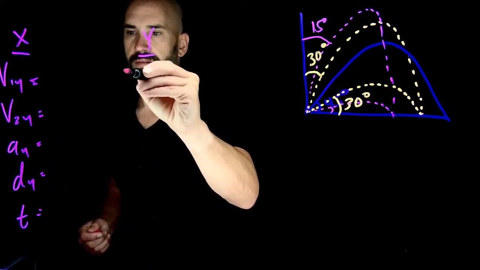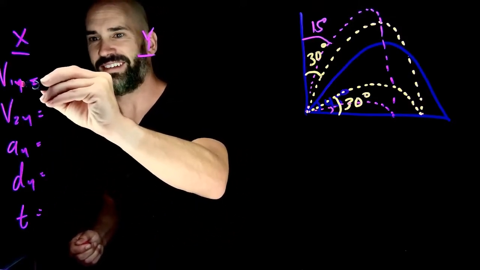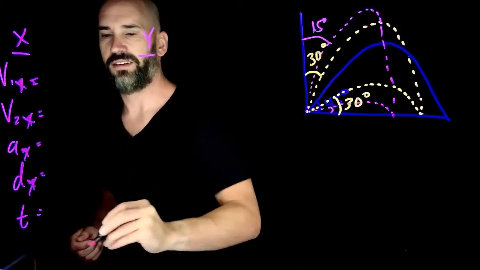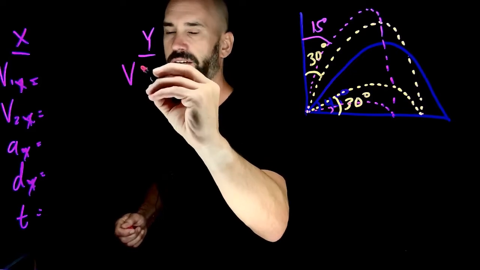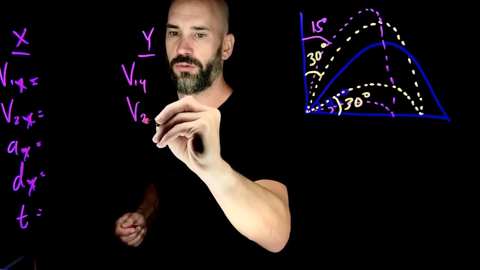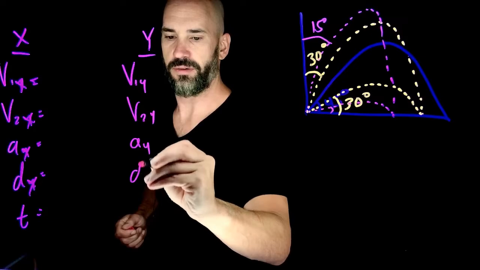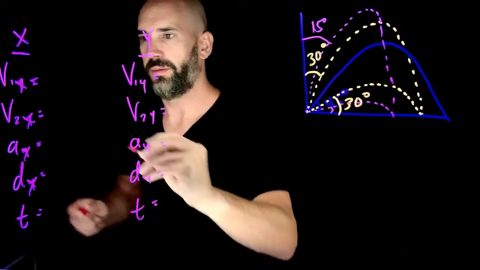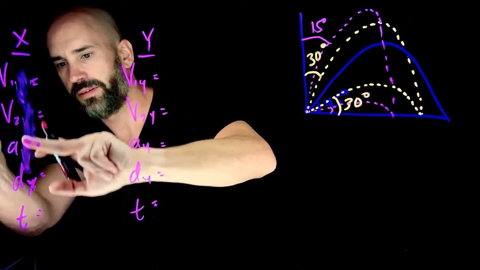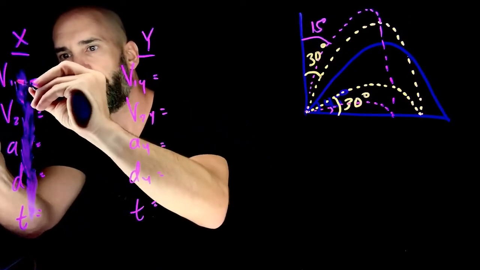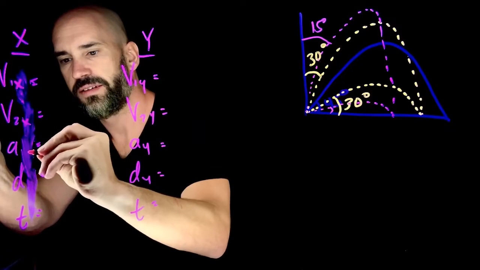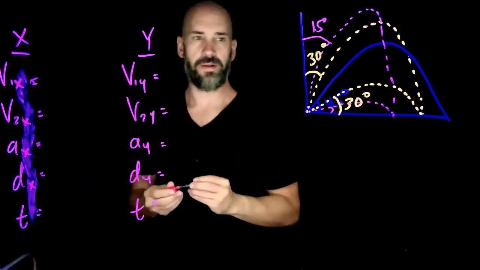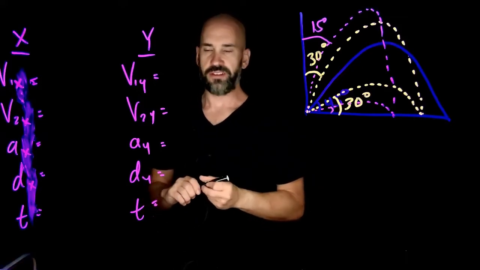Then we have, oh, these should be x's, x's, x's, x's, okay? And this is going to be v1y, v2y, ay, dy, and t. So let me just make these a little bit more clear. This should be an x, this should be an x, this should be an x, this should be an x. Okay, and t is going to be the same for both dimensions, right? All right, lovely. So let's start filling stuff in.